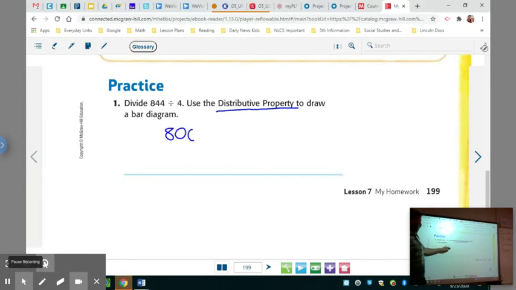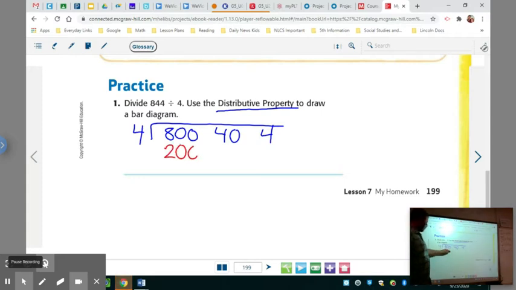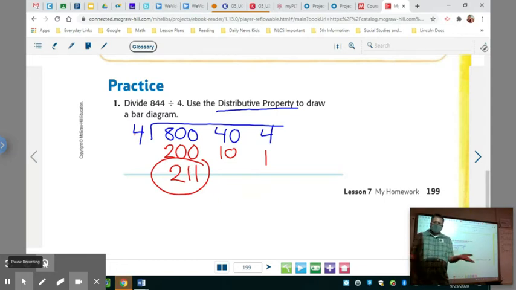We divide all these by what, Laura? 4, she says, without any kind of attitude. Emma, how many times will 4 go into 800? 200. Okay, how many times will 4 go into 40? 10. How many times will 4 go into 4, Emma? 1. Add them together. 211. That was easy, right?